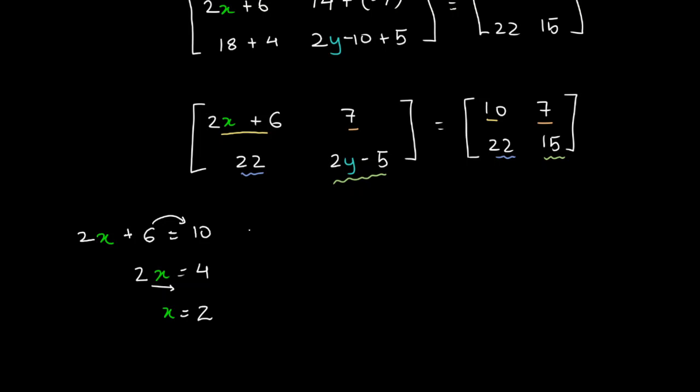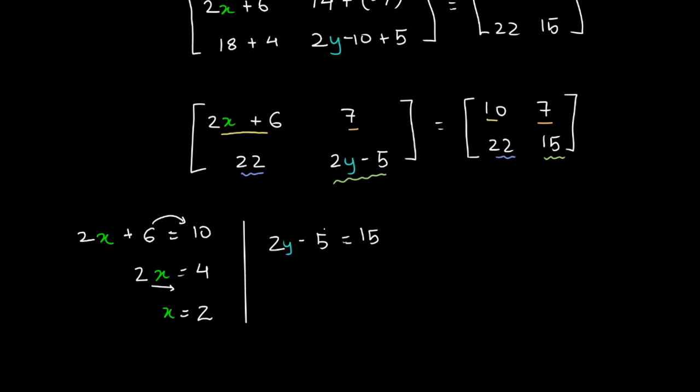Now let's try to find the value for y. For that we will use the equation 2y minus 5 is equal to 15.